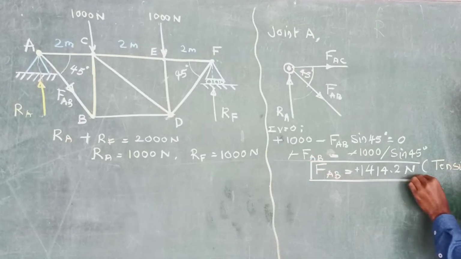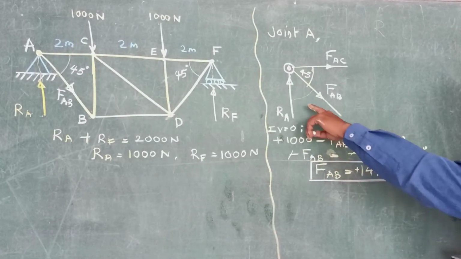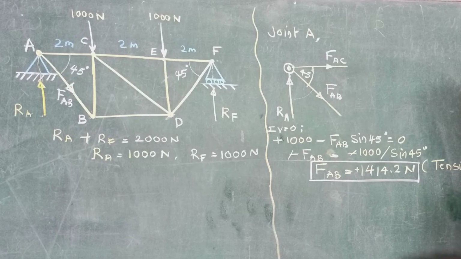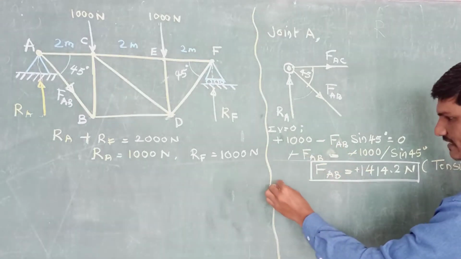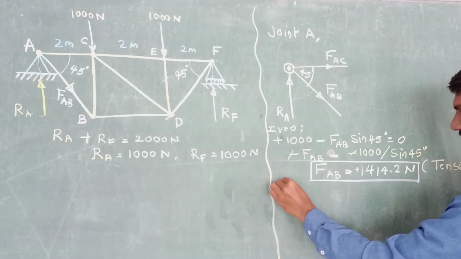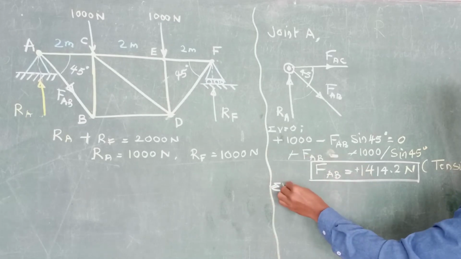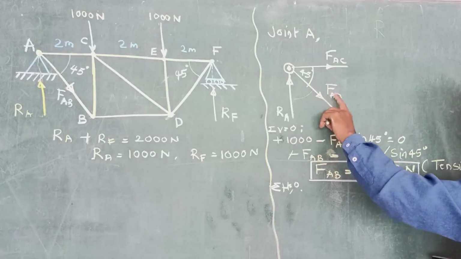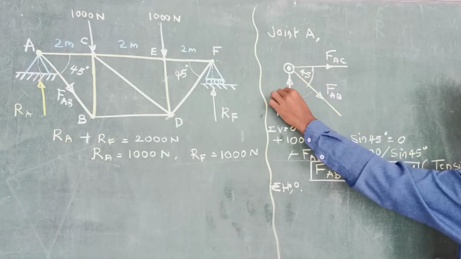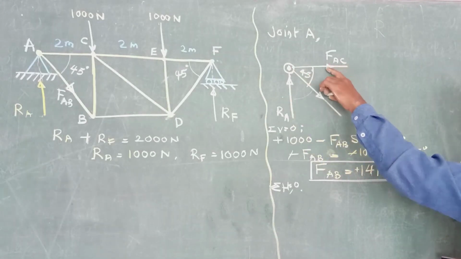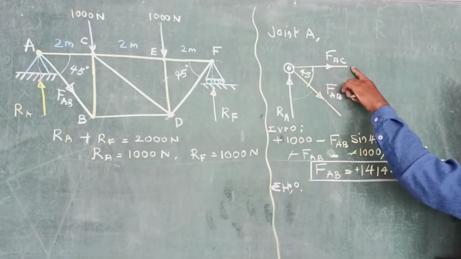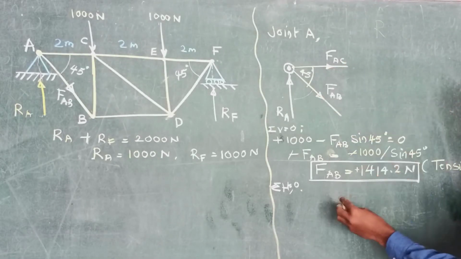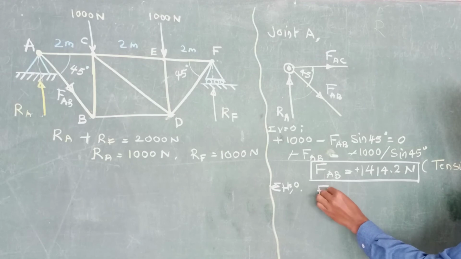Similarly, we calculate the other force, FAC. Resolve horizontally, that is sigma H is equal to 0. FAC, taken initially as tensile, is towards the right side, so it is positive FAC.